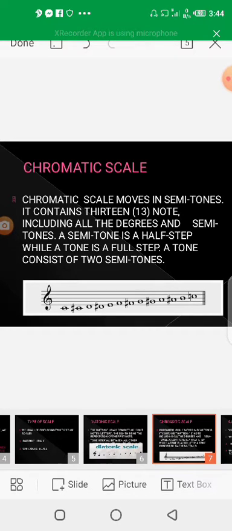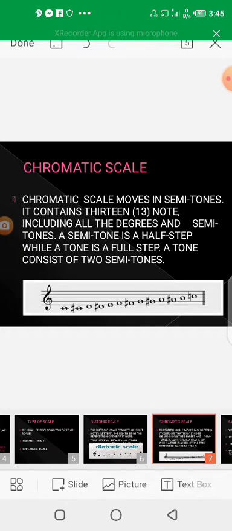A tone consists of two semitones, just like the example we made in the diatonic scale.